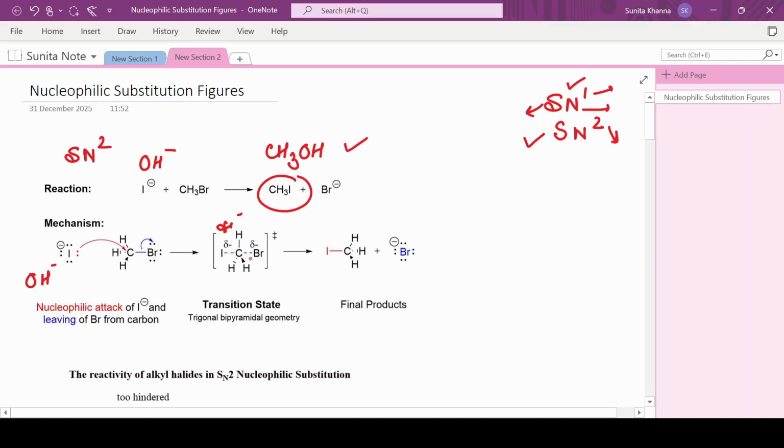Highly energetic, very unstable, and after this it gives the final product as methyl iodide, as you can see, or if it is the OH ion, it is CH3OH along with the leaving nucleophile. So this way we get the product.